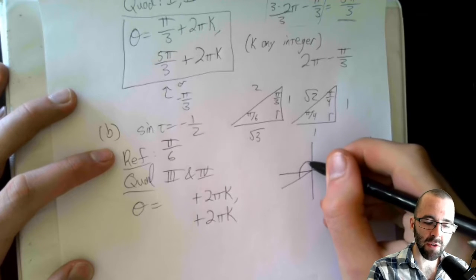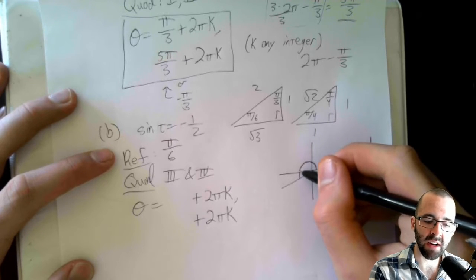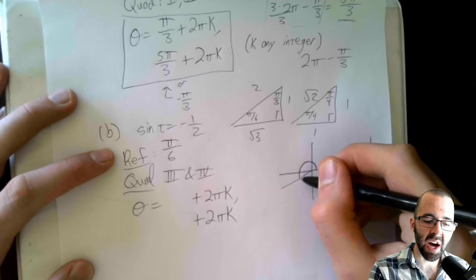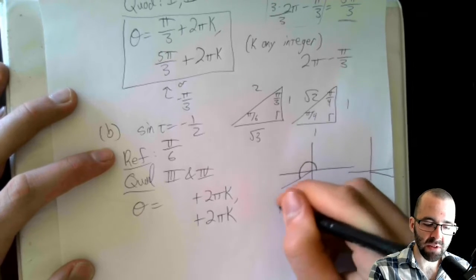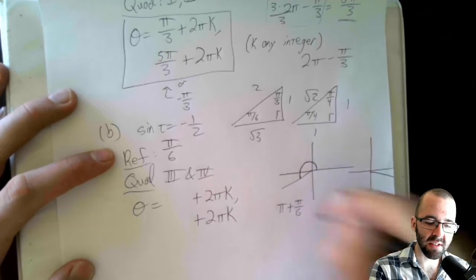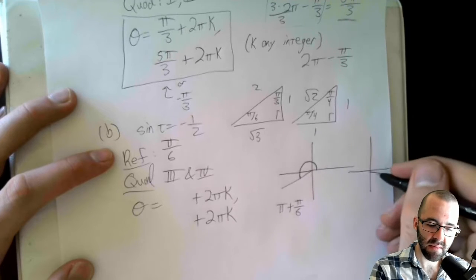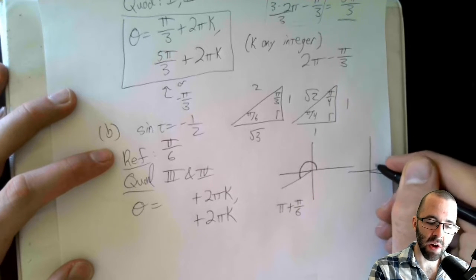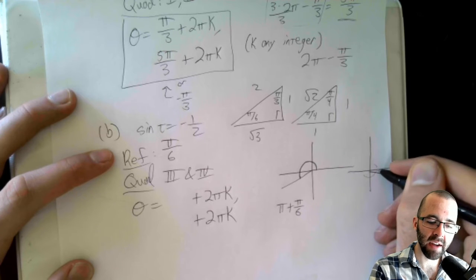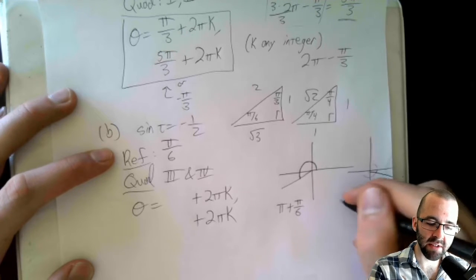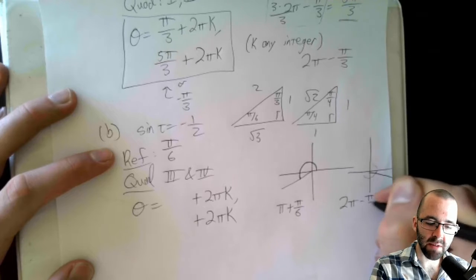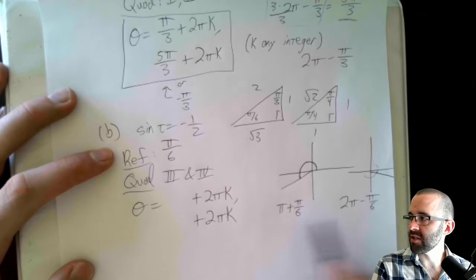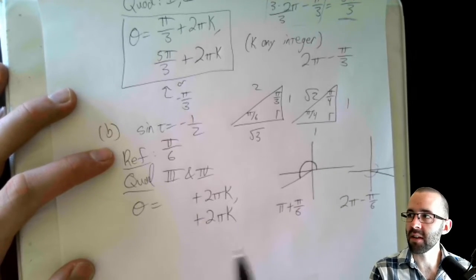This is going over pi radians, or 180 degrees, and pi over 6 more. So this one is pi plus pi over 6. For this one, you can think about it as going around all the way 2 pi, and then going back pi over 6. So 2 pi minus pi over 6. Now just simplify these answers and fill in the blank.